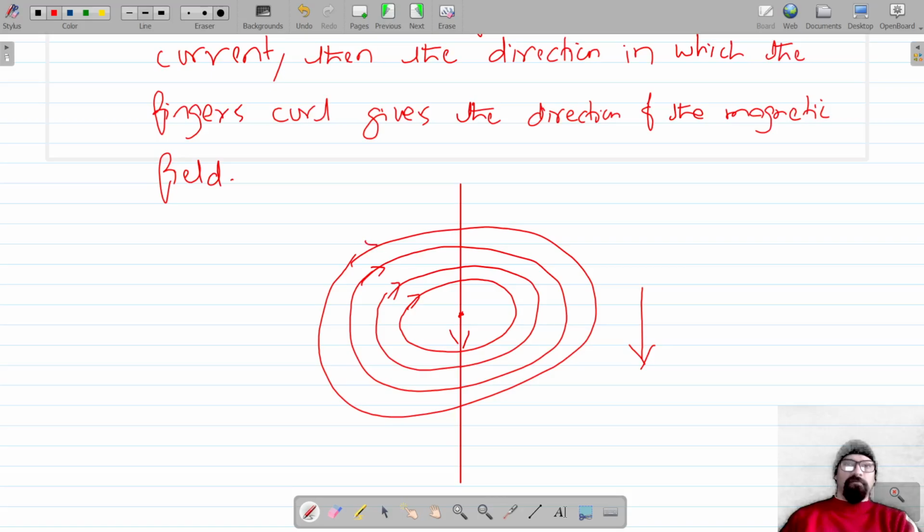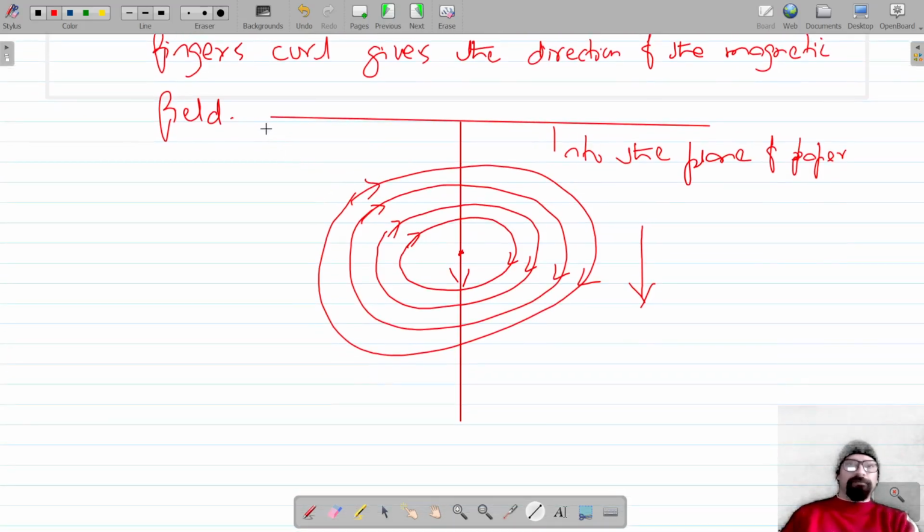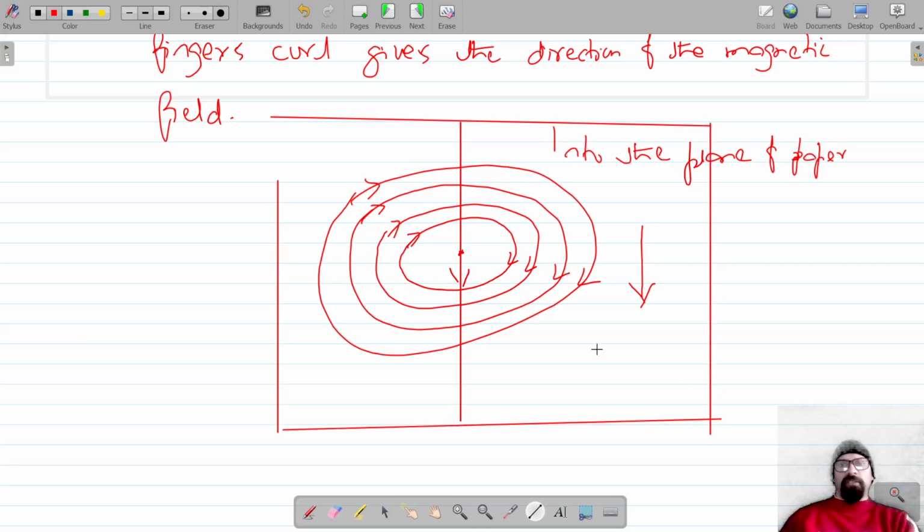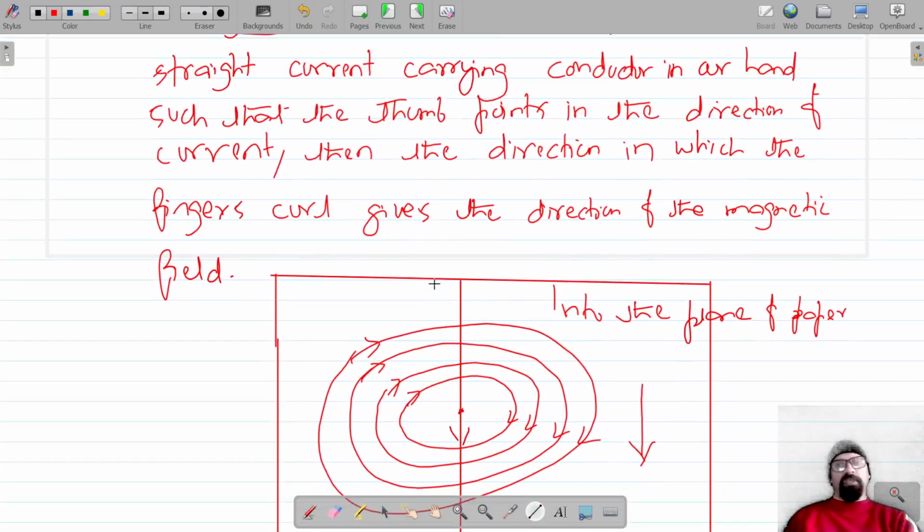So this is the direction of the magnetic field, going into the plane of the paper. Make sure you imagine this as the plane of the paper, and then you have to give the direction, whether it's into the plane of the paper or out of the plane of the paper.